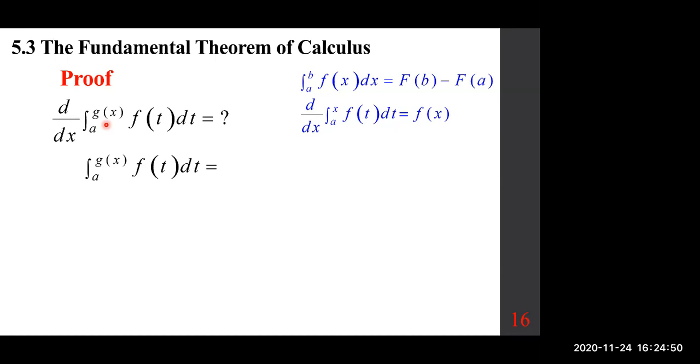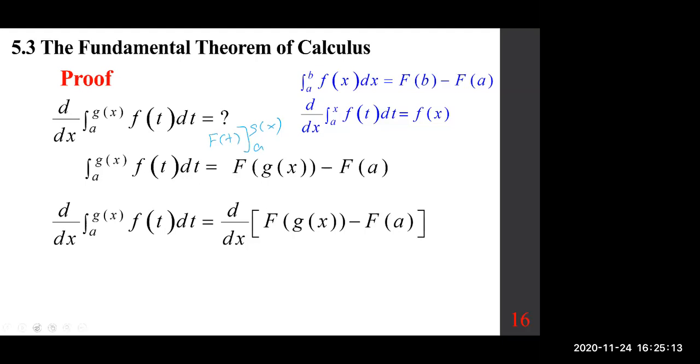Let me just write the step. It becomes capital F of t going from a to g of x, everybody. So capital F of g of x minus capital F of a. Now we are going to differentiate this statement. And I hope you realize when you differentiate this one, you use the chain rule.